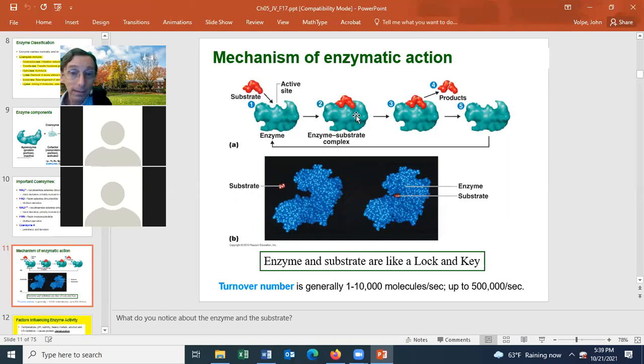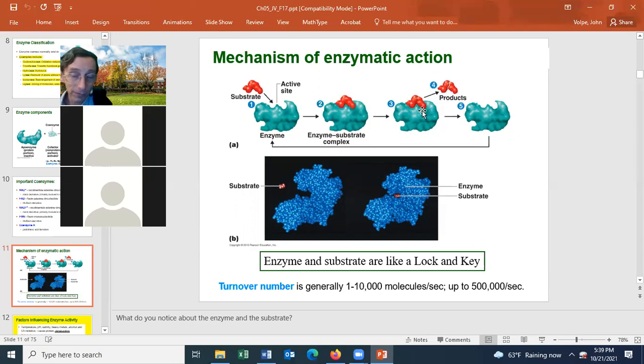When they bind, they change the electronic configuration of the bonding in the molecule of the substrate, and that puts stress on those bonds, and that will help create the product, which has new energy bonds in it.